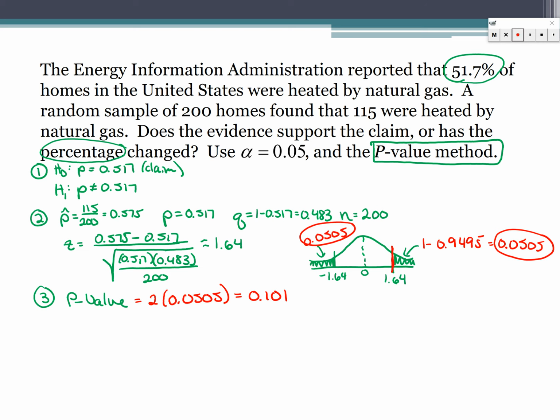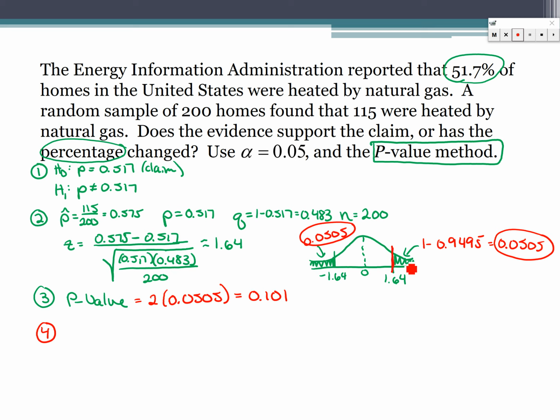So now you're thinking, okay, Miss Galley, so how then do I know to reject or not reject? Now we have to compare alpha with that p-value. P-value is an area, alpha is an area. Our alpha is 0.05, and I have to split it amongst the two tails.